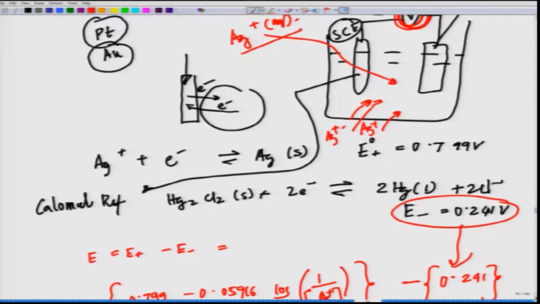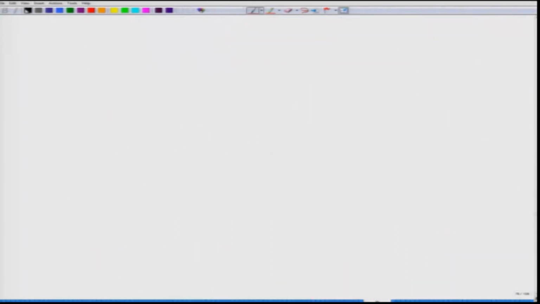Okay. Now, let us talk about the ion selective electrode, but before I move on to the ion selective electrode, there is a concept which I wanted to introduce, called junction potential. What is junction potential? Junction potential is essentially when dissimilar electrolyte solutions are in contact. When dissimilar electrolyte solutions are in contact, a voltage difference called junction potential develops at their interface.